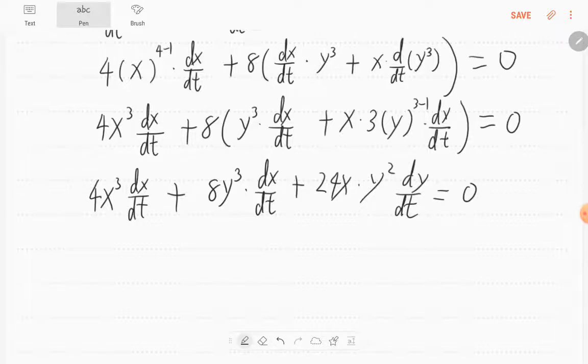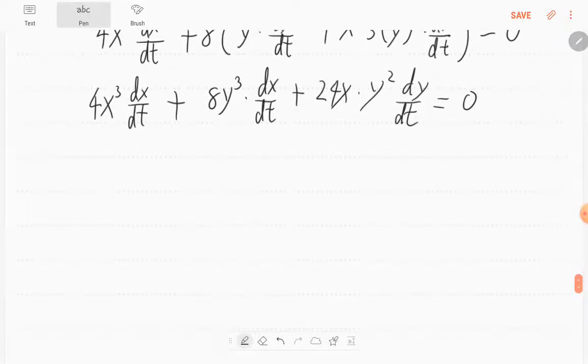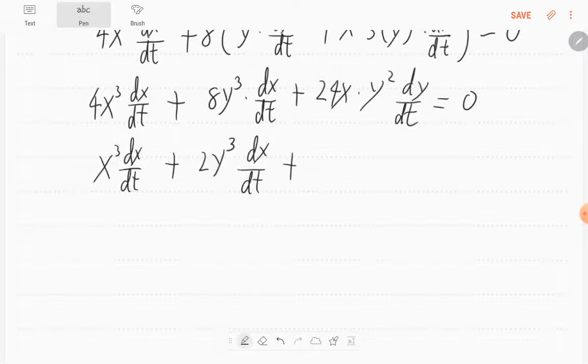We divide by 4 on both sides. You will have x cubed dx over dt plus 2y cubed dx over dt plus 6x y squared dy over dt equals 0.